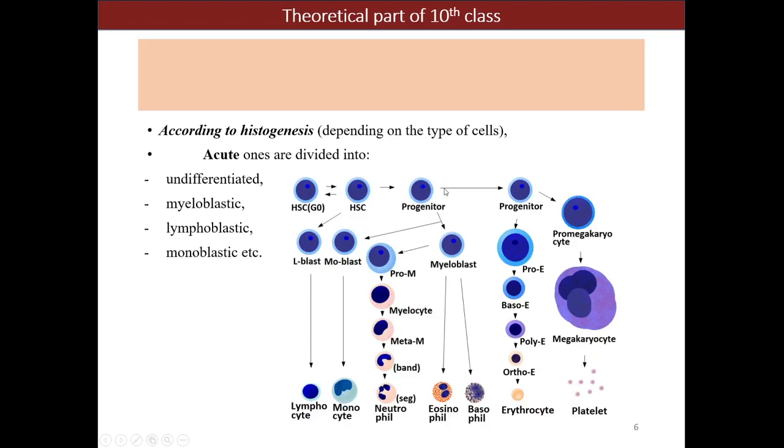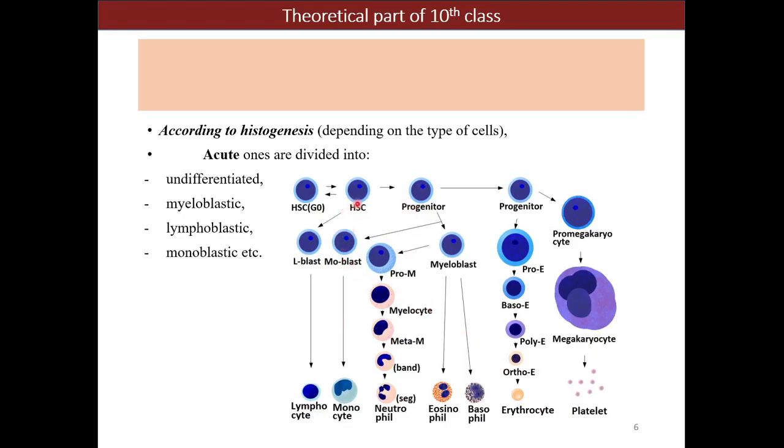First of all, we may see a progenitor cell in our bone marrow, and I have already told you that any type of progenitor cells will lead to the formation of platelets, erythrocytes, basophils, eosinophils, neutrophils, and all other types of leukocytes.